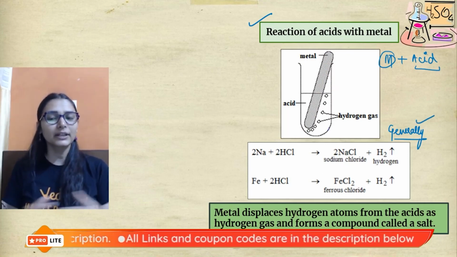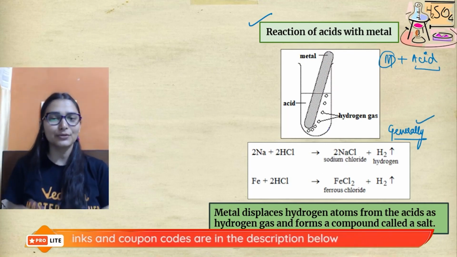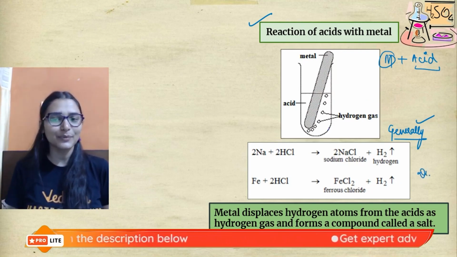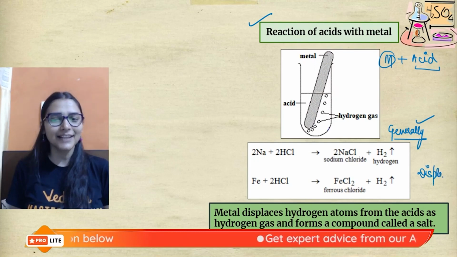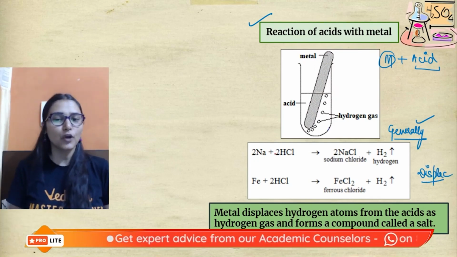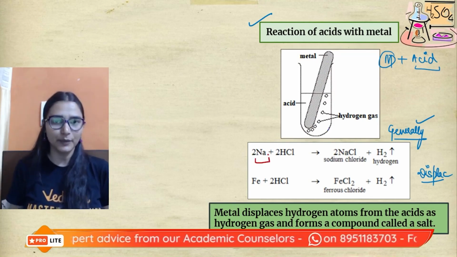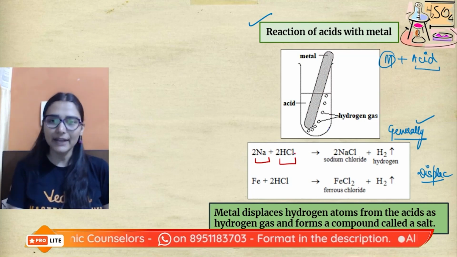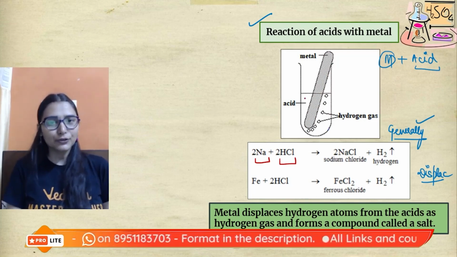Generally, how metals and acids are going to react, you would be getting a simple displacement reaction. A displacement reaction would be there, very simple. For example, we have sodium metal. Sodium is reacted with HCl, hydrochloric acid.